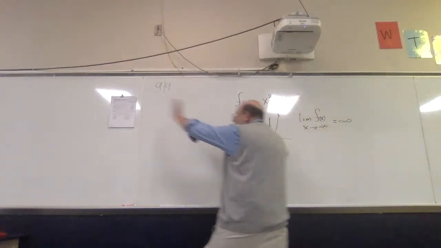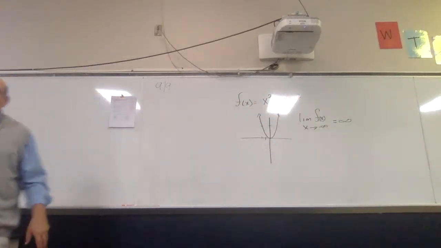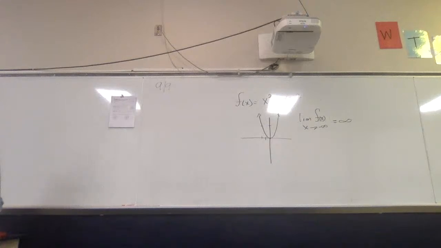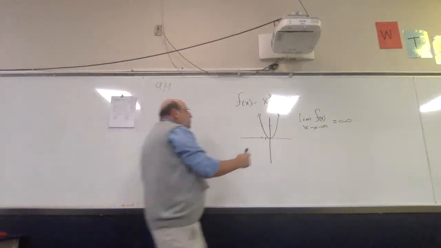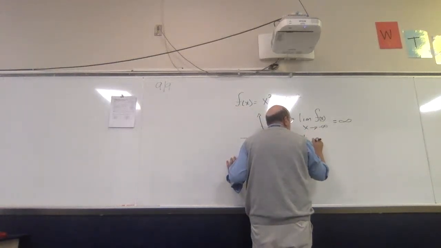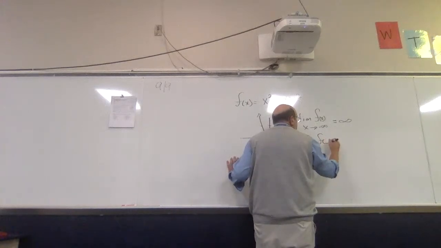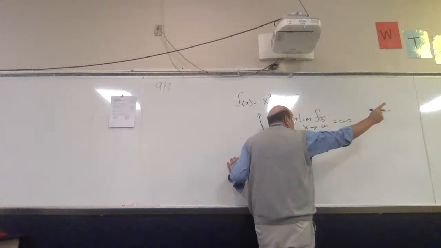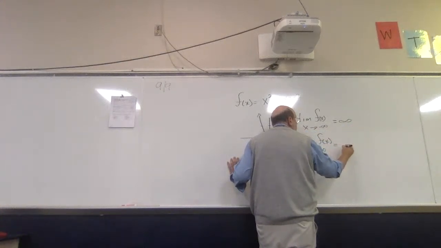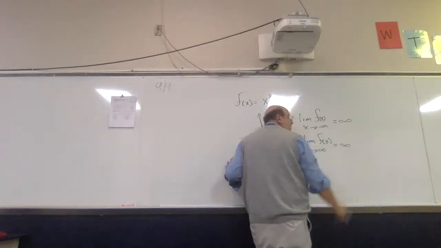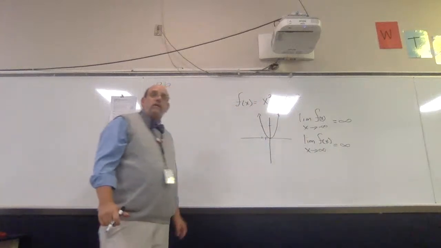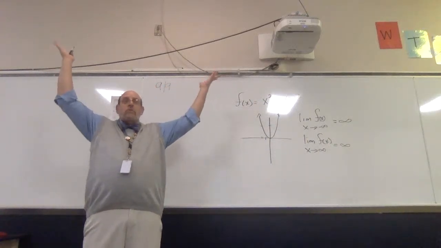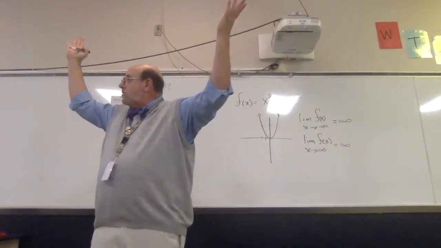As we go farther and farther left, we go higher and higher. That looks right. So the limit of this function as x approaches infinity, as we go farther and farther to the right, is also infinite. Both ends are pointing up, so our end behavior is infinite.